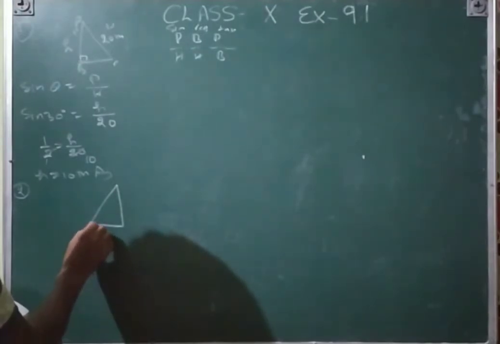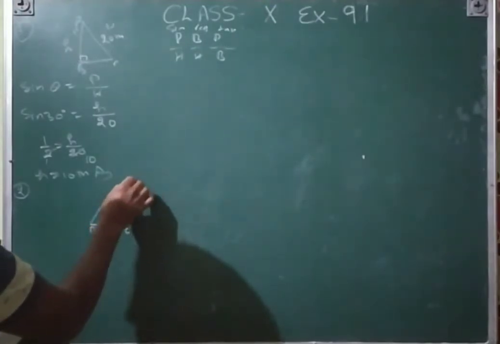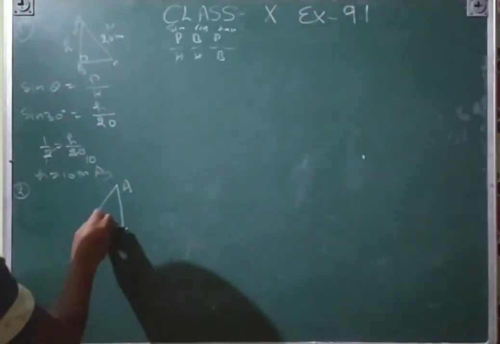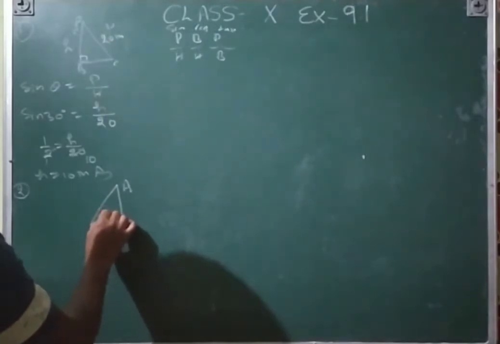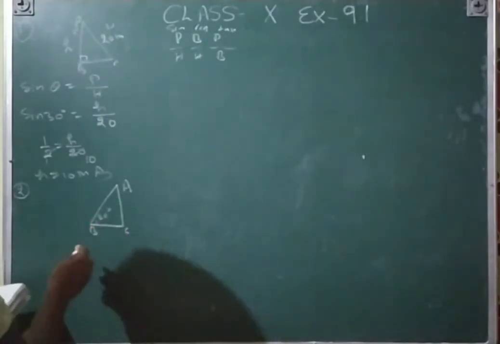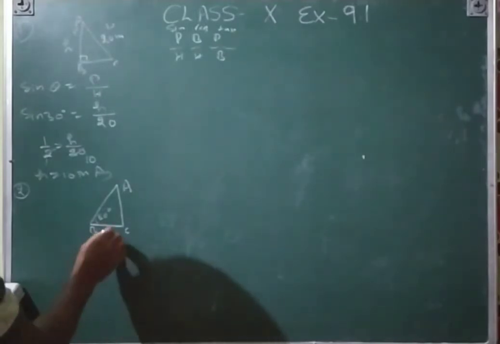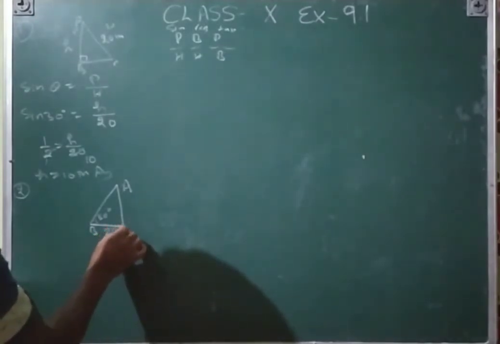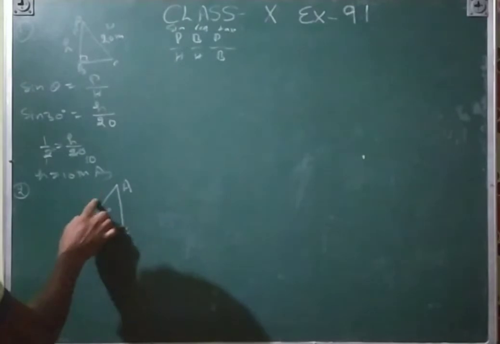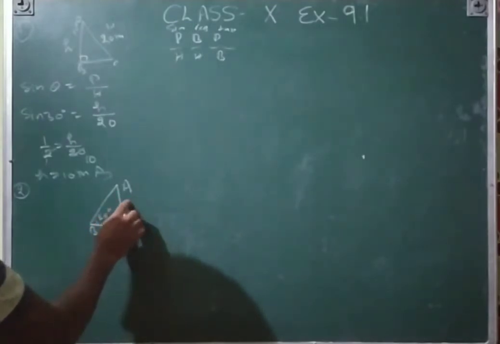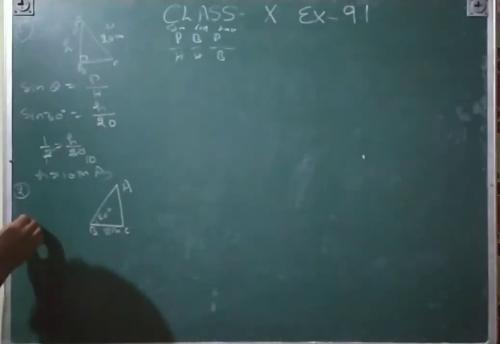So B, C, A, and then the angle is making 30 degrees, and the base is given, 8 meter. We need to find this one also, this one also. So base is given, so first of all we will find this one. Here we will apply perpendicular and base, so tan theta.